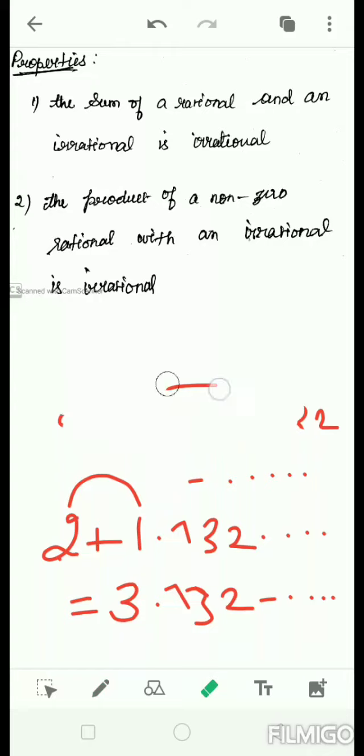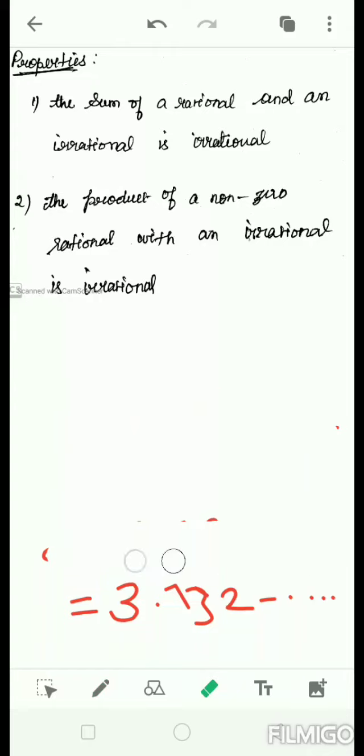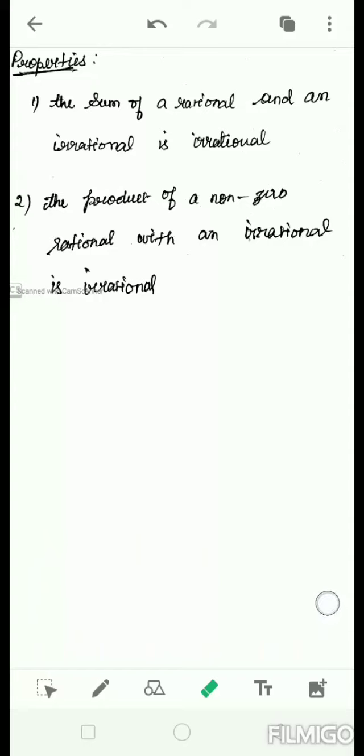Similarly, now the second property. What is the second property? The product of a non-zero rational with an irrational is irrational. So if you multiply any rational number by an irrational number, it becomes irrational. Now let's see.